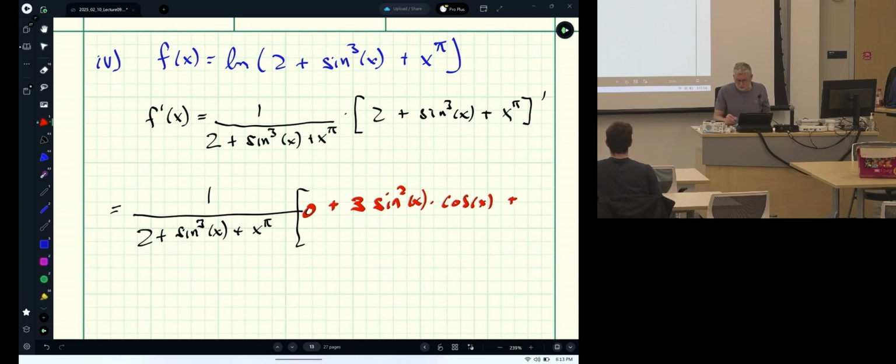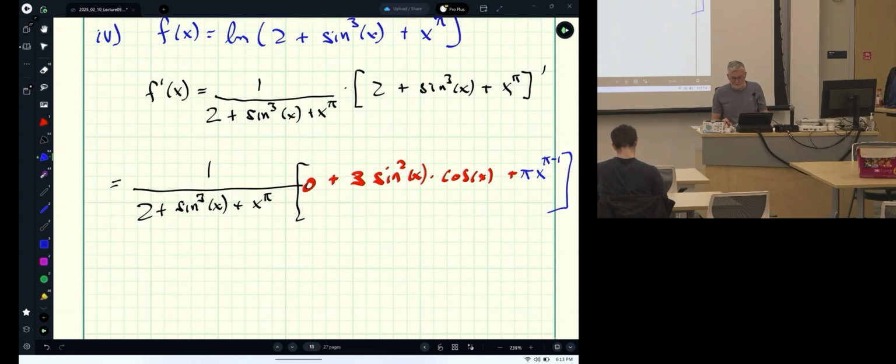And then we apply the power rule here, and the pi comes down. We have x to the pi minus 1. So that's about as bizarre as they get.